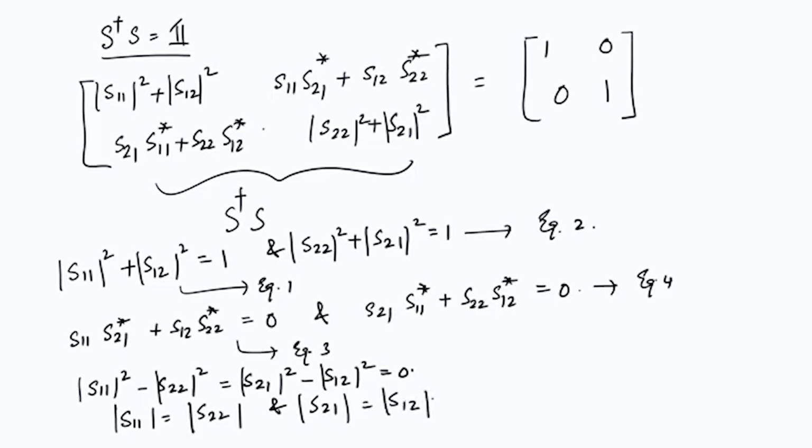The reason that we write it with a modulus is because these are in general complex numbers. So these are the elements of the S matrix and their interdependencies that we wish to talk about.